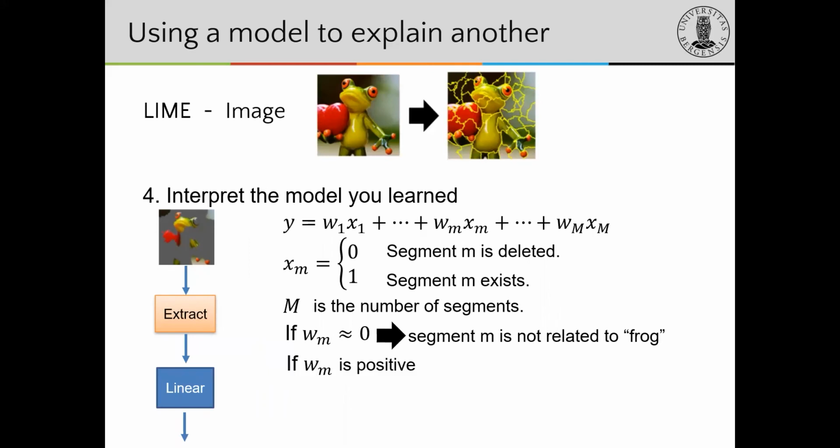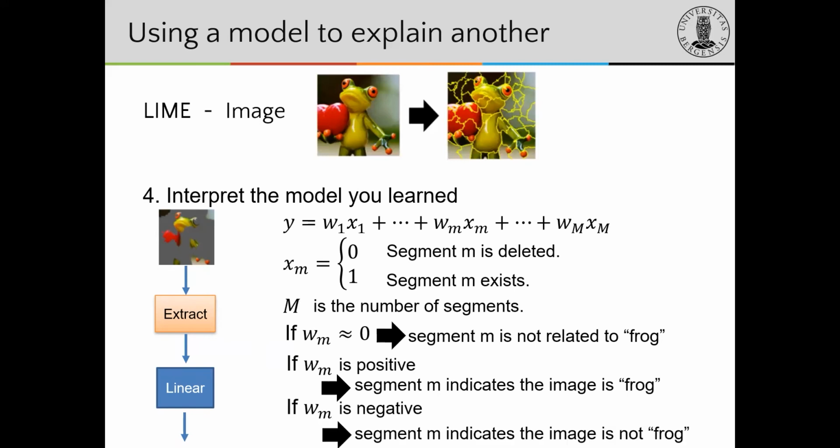If the weight is positive, it means this segment can indicate the image is a fraud. And if the weight is negative, then it means the image is not a fraud. So based on this, we can also do some local explanation by using a linear model.